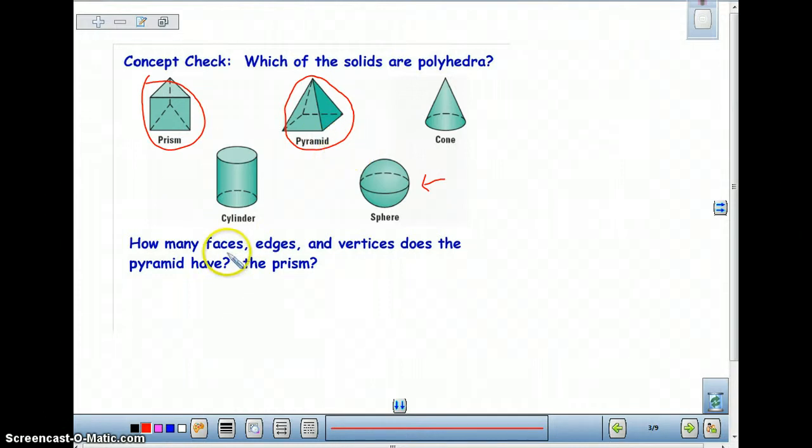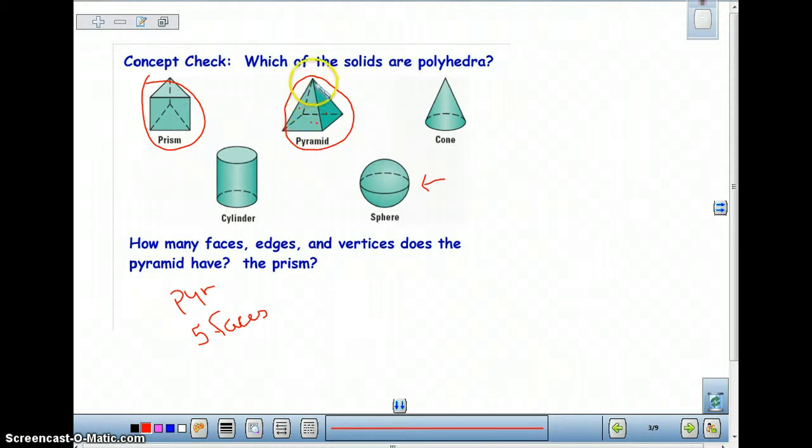All right, next it asks how many faces, edges, and vertices the pyramid has. We check out this pyramid, and going around it, it's kind of hard to see, but it's got 4 faces, 1, 2, 3, 4, that go around it, plus that base on the bottom. So really the pyramid has 5 faces. The edges are these things.